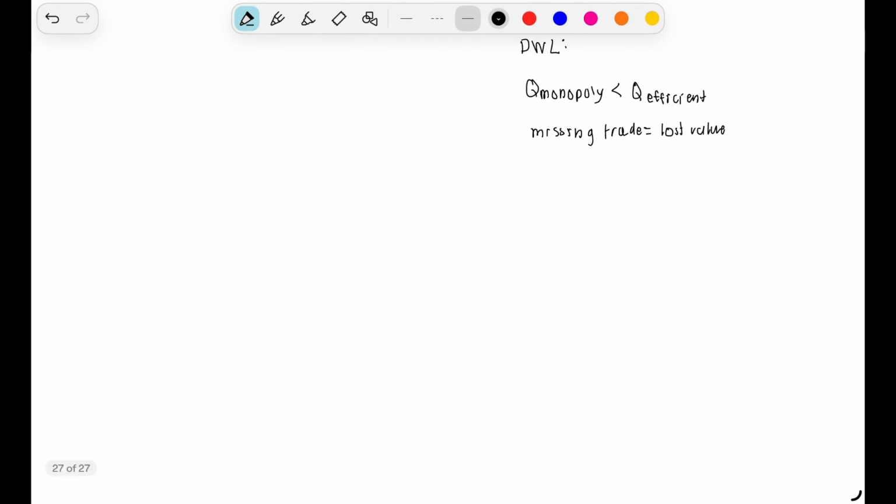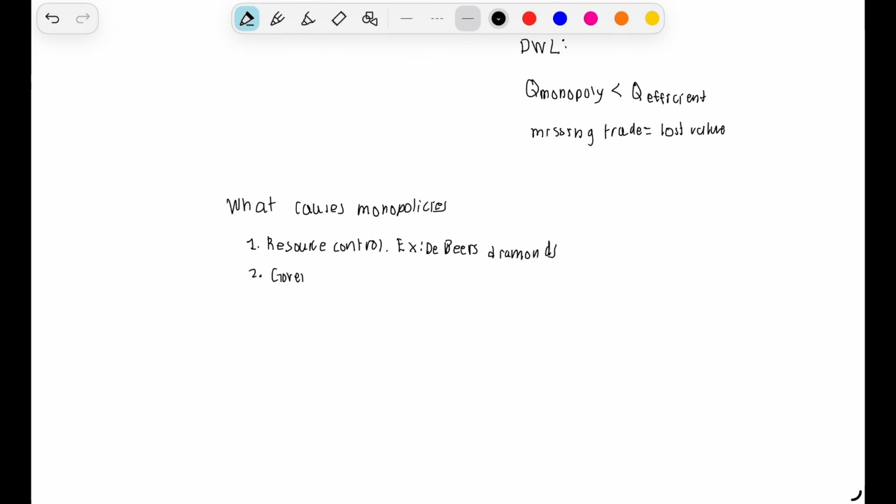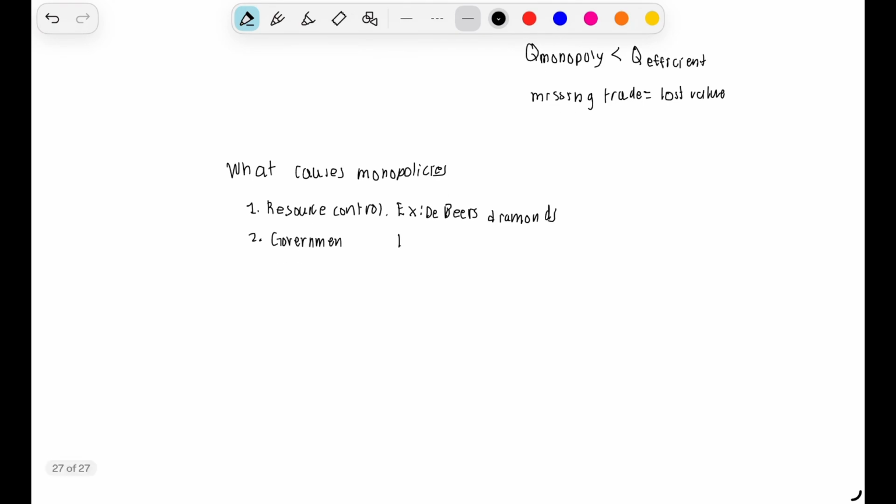Now, how come monopolies exist? So our question is, what causes monopolies? Monopolies happen when you have resource control, for example De Beers diamonds. Let's also use government, which is when you have patents and copyrights.